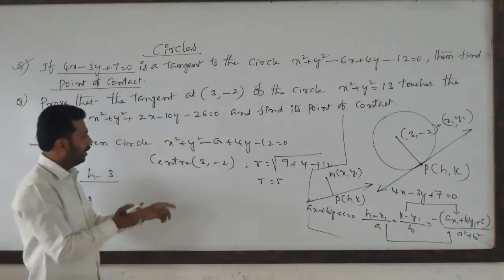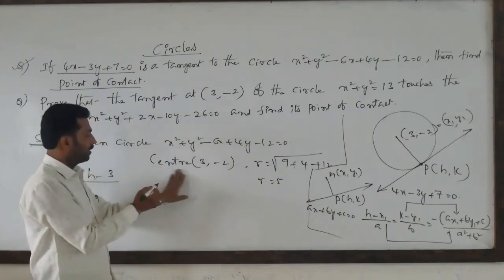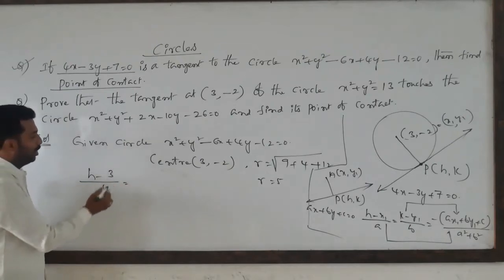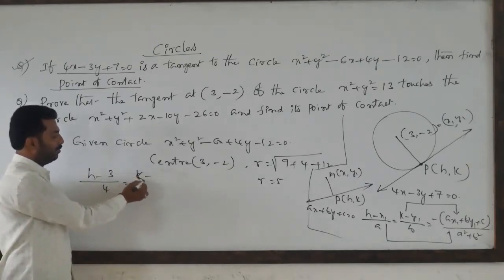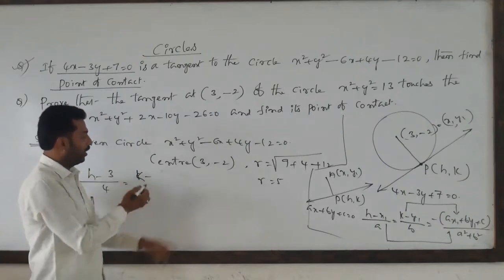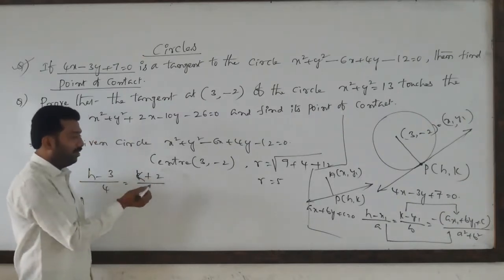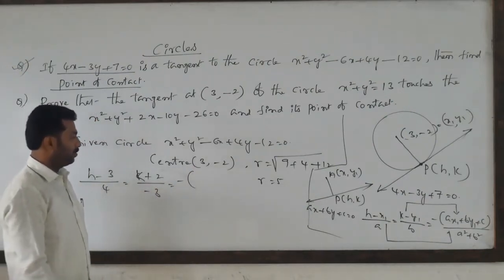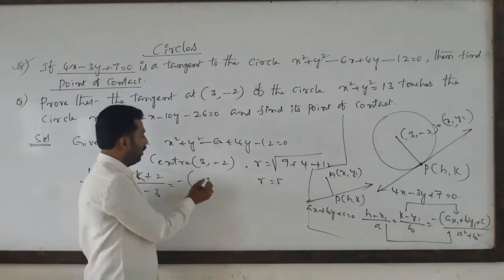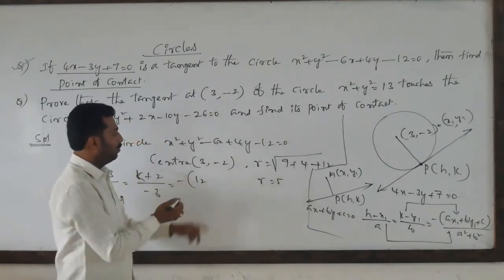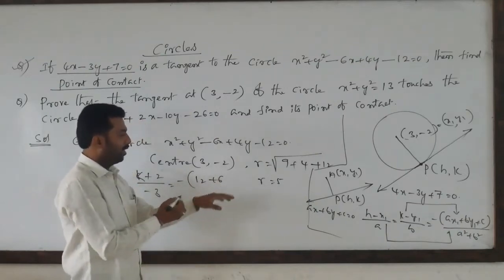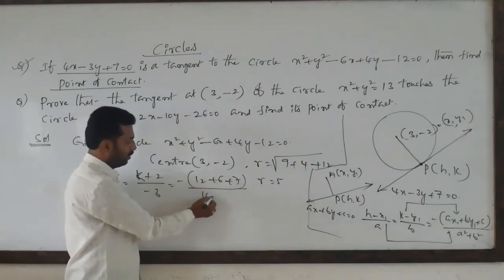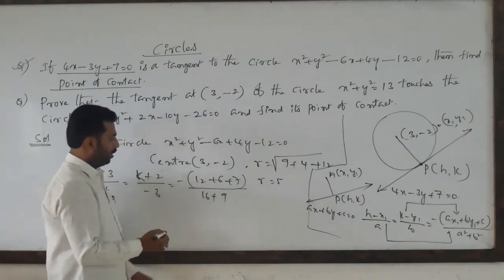What is the given line here? 4x minus 3y plus 7 equal to 0, so that is 4. k minus y1, y1 is minus 2, so k plus 2, divided by the y coefficient, that is minus 3, equals minus of ax1, that is 4 into 3, 12, minus 3 into minus 2, plus 6, plus 7, divided by a square, which is 16, plus b square, which is 9.